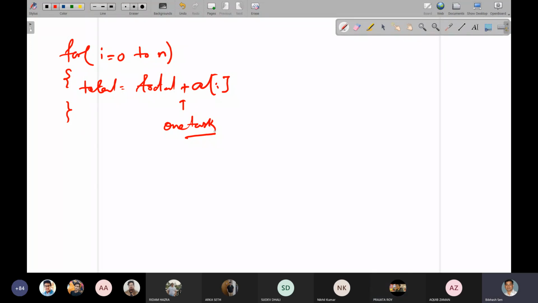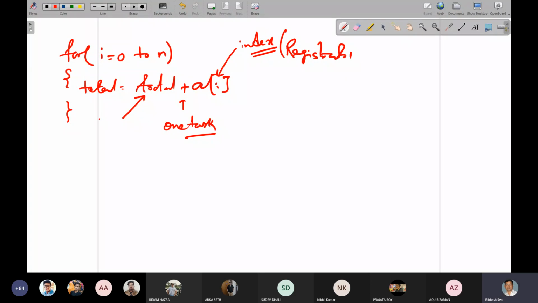So if you notice, I have to get an index value here. Some index I have used here, and it is stored here. So to store this index value, I need what? One register.